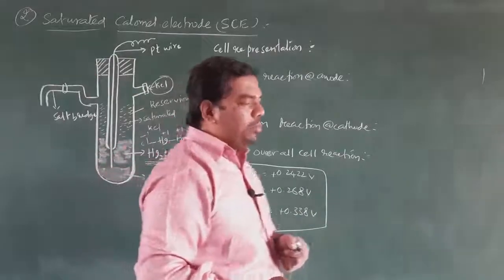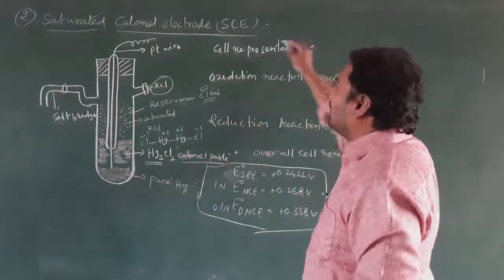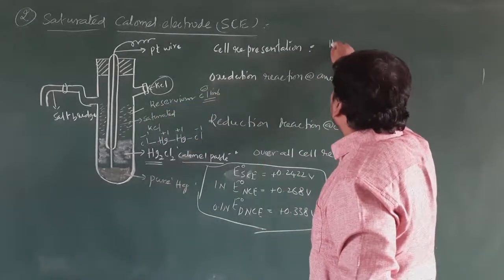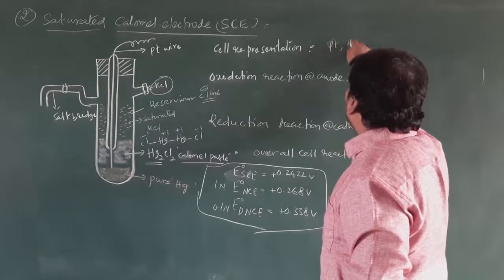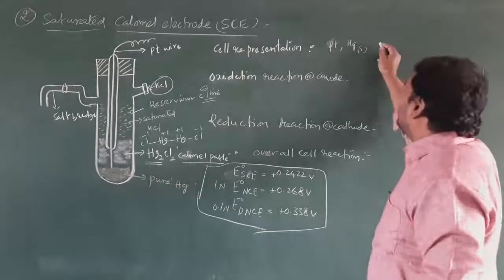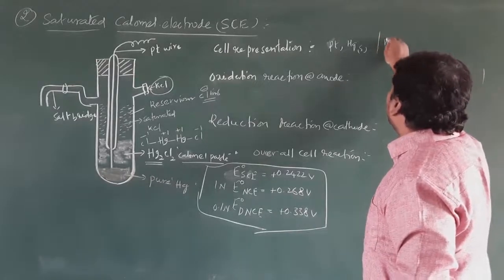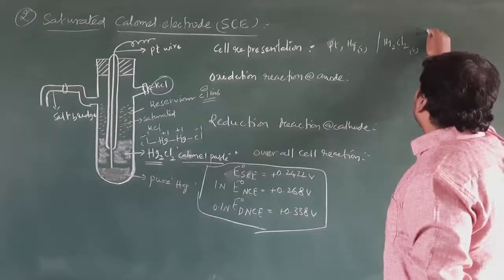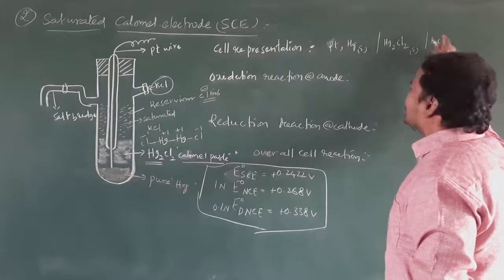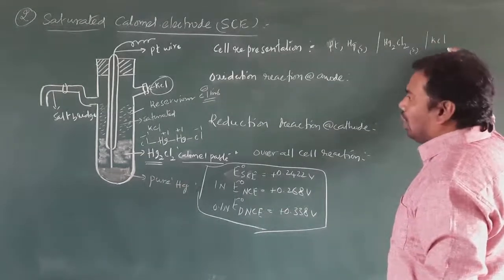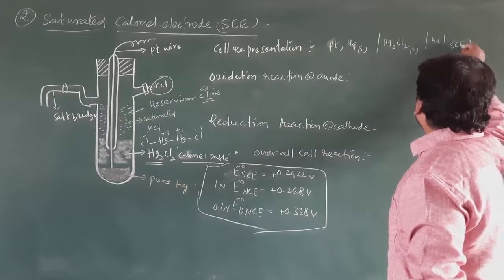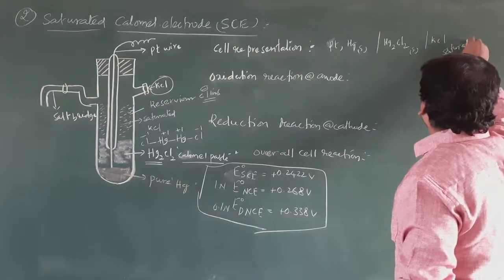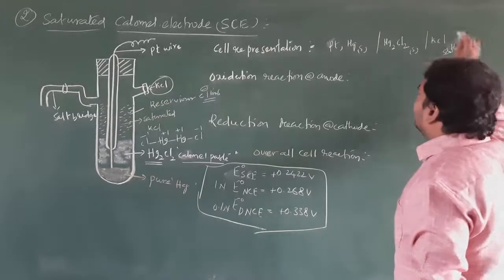So how do we represent the cell reaction of this calomel electrode? That is Hg, platinum, comma Hg solid, and Hg2Cl2, that is mercurous chloride solid, which is covered with potassium chloride, saturated KCl.